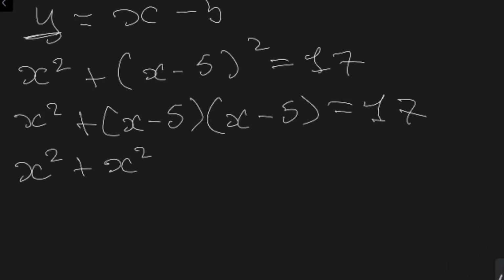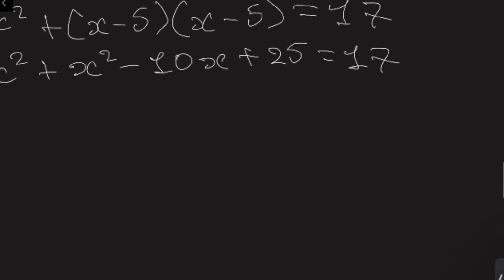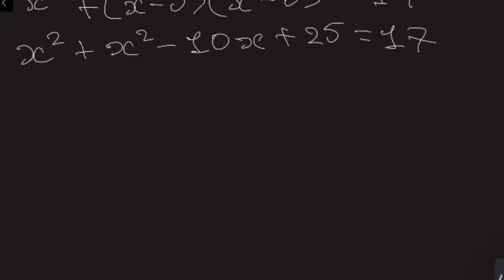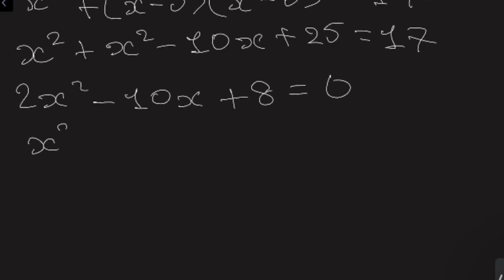So that would be x squared minus 10x plus 25 equals 17. Now, x squared plus x squared is 2x squared, minus 10x, and then 25 minus 17 is 8. There you go. x squared minus 5x plus 4 equals 0.